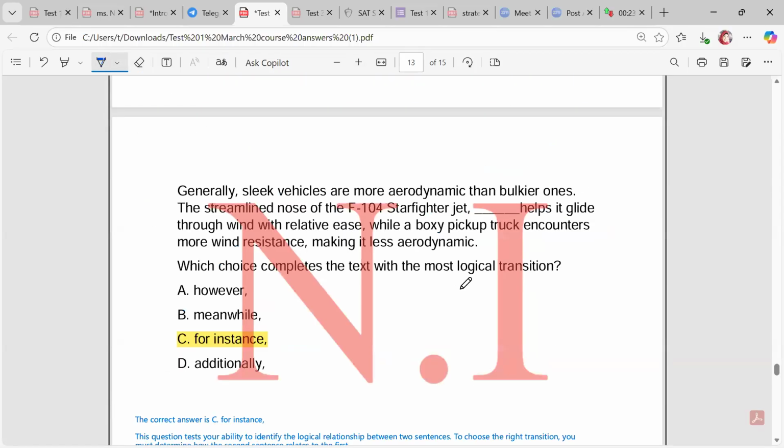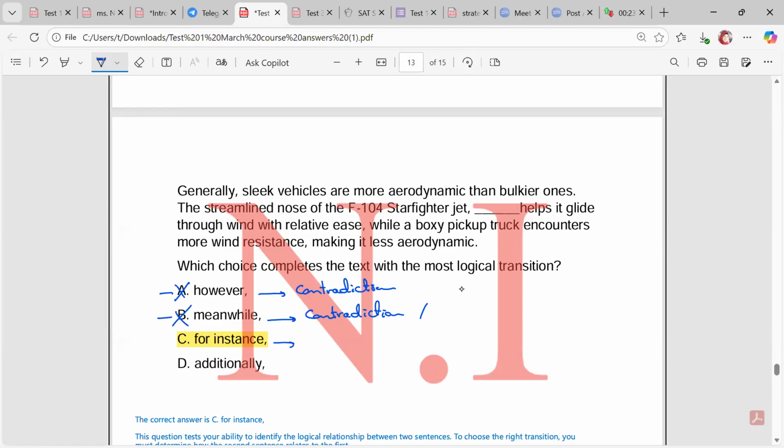Let's go for this one. However, this has to do with contradiction. And this also has to do with contradiction, contrast. Also, it may refer to two actions happening at the same time, but most of the time it refers to a contradiction. So I will eliminate both of them.